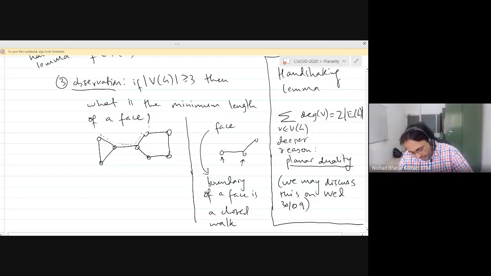And so as soon as you traverse these 2 edges, your length is already 2. And now to get back to the original vertex, because it is a closed walk, you need at least a third edge. So whether it is a cycle or any closed walk, you are going to need at least 3 edges to come back to the original vertex, right?